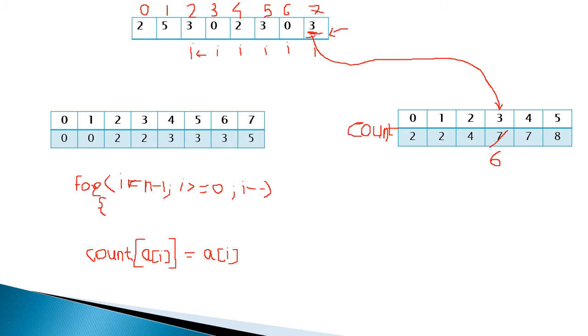That's why here the pre-decrement is there. Do you get it or not? Here we have to decrement the count value first, then we are going to store that value into a temporary array. So here pre-decrement is there.